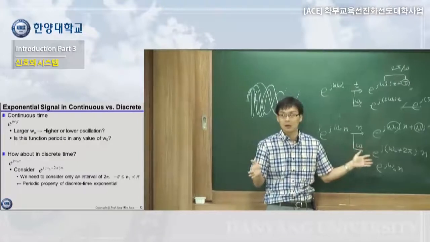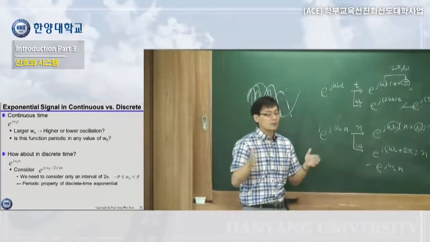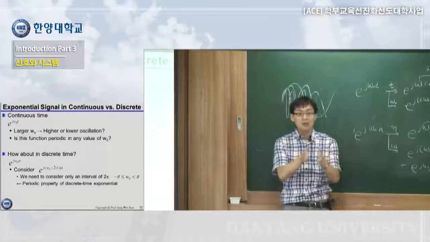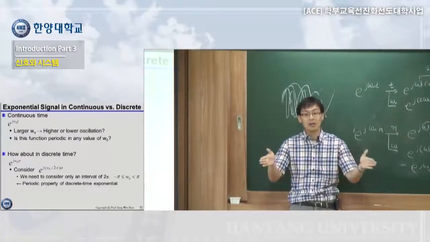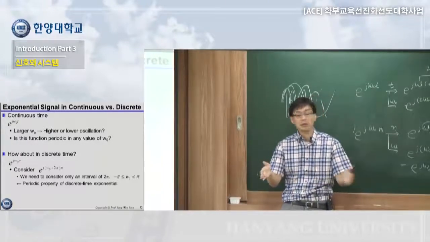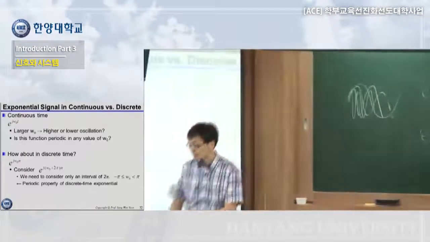If you increase the frequency in a discrete time exponential signal, their frequency sometimes increases and then decreases, having some period. That's one of the differences.